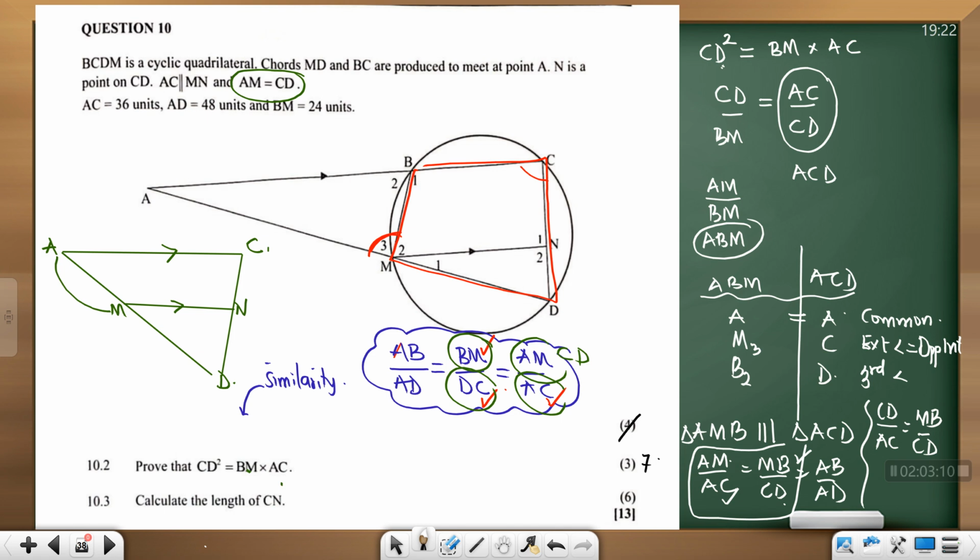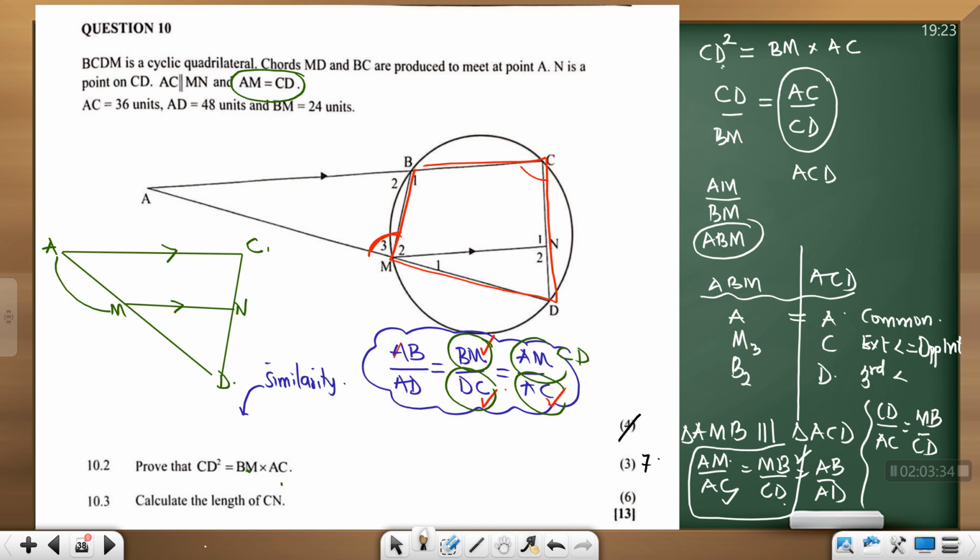Similarity, you must prove angles first before you start saying those triangles are similar. We are just lucky in this case they broke it down for us into 2. You would see some questions straight, they say prove, and they don't give you those triangles that are similar. You have to make sure that they are similar first.